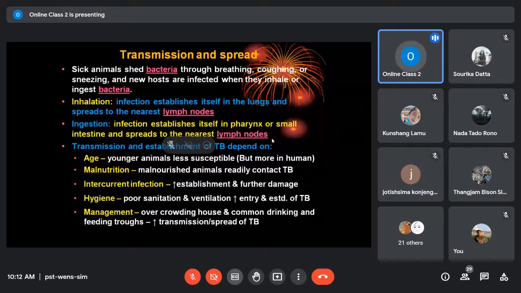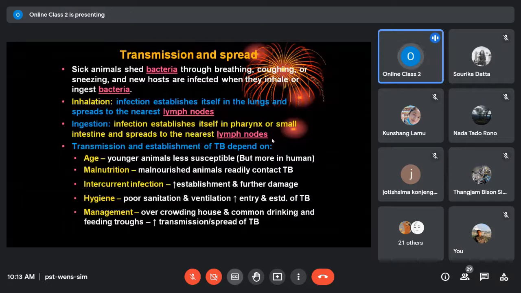When they come into contact with a new host or healthy animals, through these aerosols coming out from the affected animals, or sometimes indirectly through contamination, or ingestion of contaminated food and water with infected material. Also, mostly it is through inhalation.